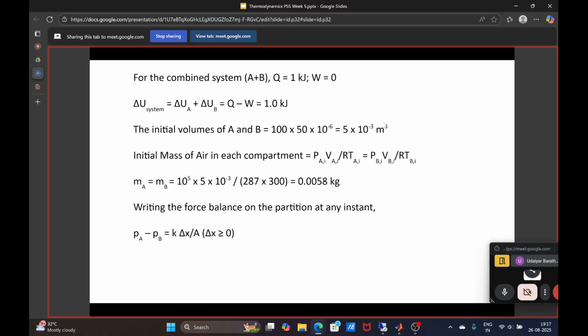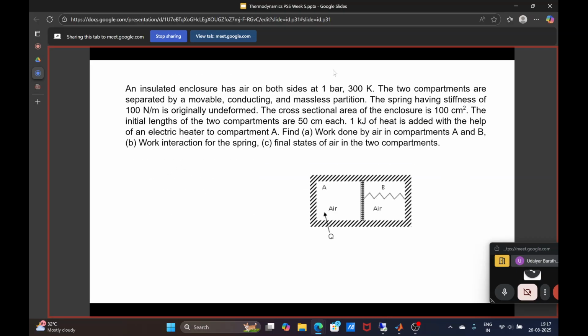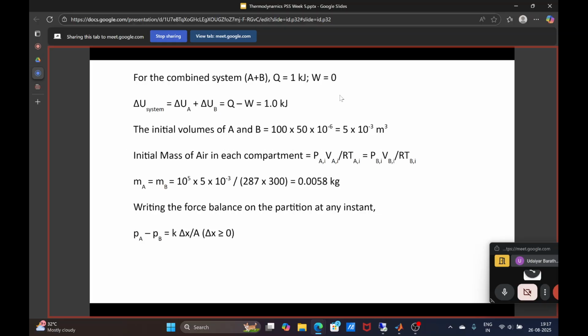That is the volume of compartment A and compartment B. The initial mass of air in both compartments we can get from the ideal gas equation, assuming an ideal gas. So mass is PV by RT. Initially both are at atmospheric pressure, 1 bar, and temperature 300 Kelvin.